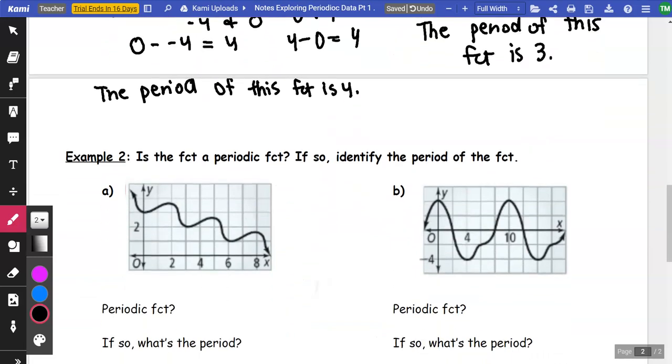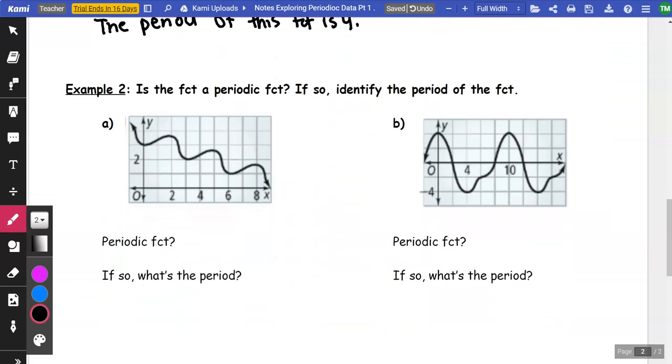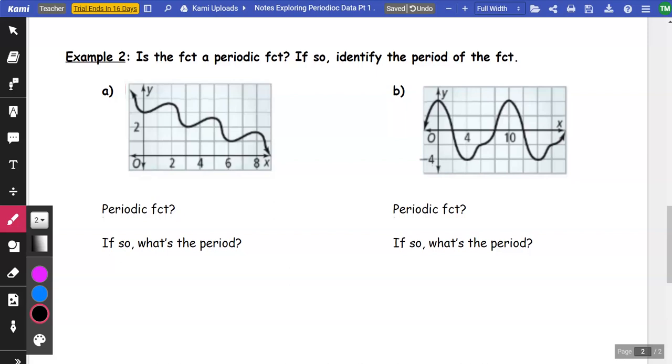All right, so example 2. With example 2, we're going to identify if the function is a periodic function, and if so, then we're going to identify the period of the function. So in example 2, part A, we have an example that's kind of tricky because it looks like within this function we do have this cycle or pattern that is kind of repeating itself. The problem is that the y values aren't repeating themselves.